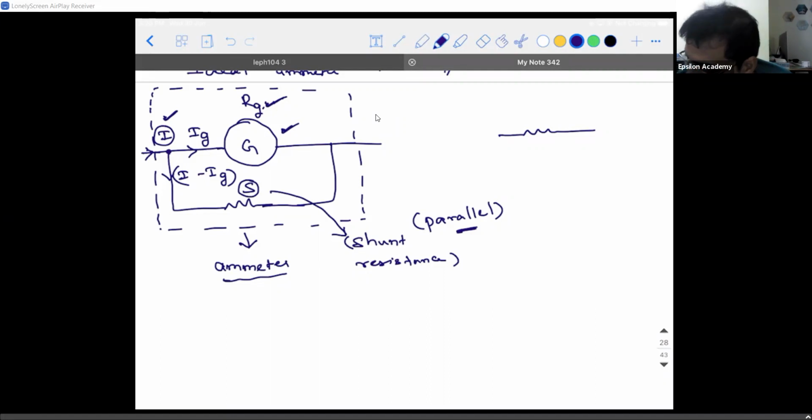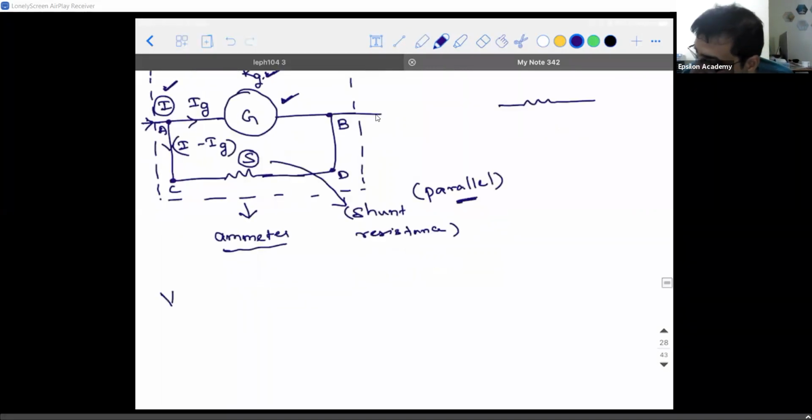Observe carefully. If I take these points as A and B, and these as C and D, what is the potential across AB? Is it not Ig into Rg? What is the potential across CD? Is it not (I minus Ig) into S?